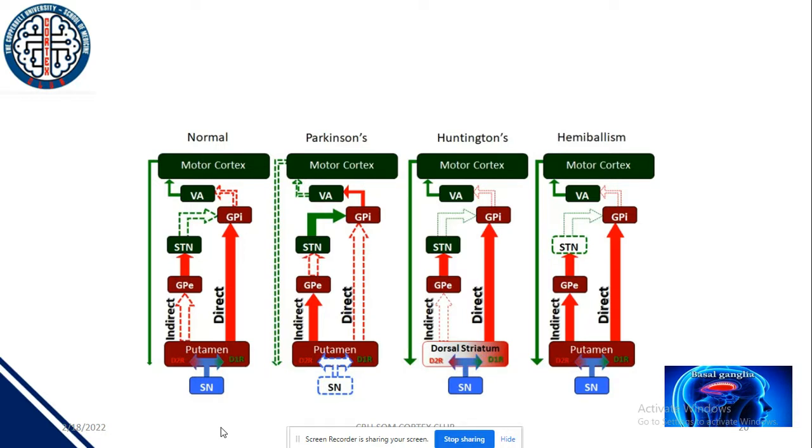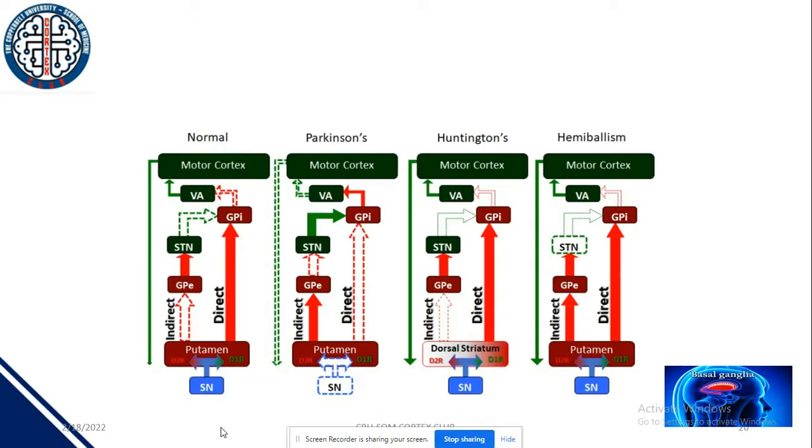Then we come to Huntington disease. So in Huntington disease, normally we have a defect in the genes, which are called Huntington genes. Those genes are responsible for coding specific proteins, and we're going to look at this in detail later on.